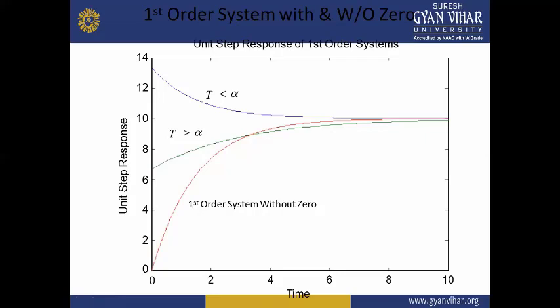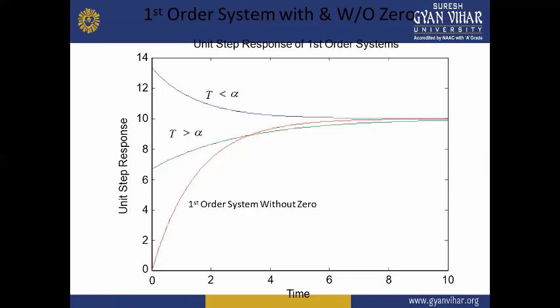Now this graph does the comparison of the unit step response for both cases, with and without the zero. You can see that without the zero, the response starts from zero, instantly, with a magnitude of 0.